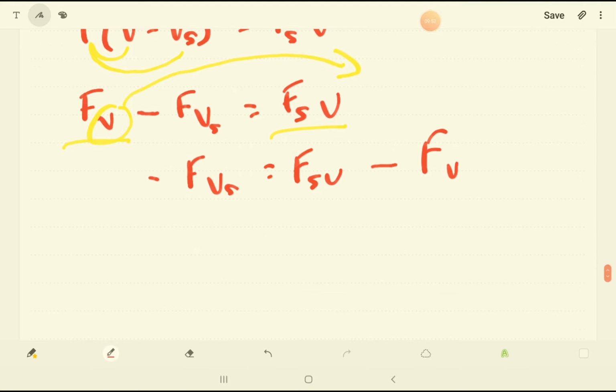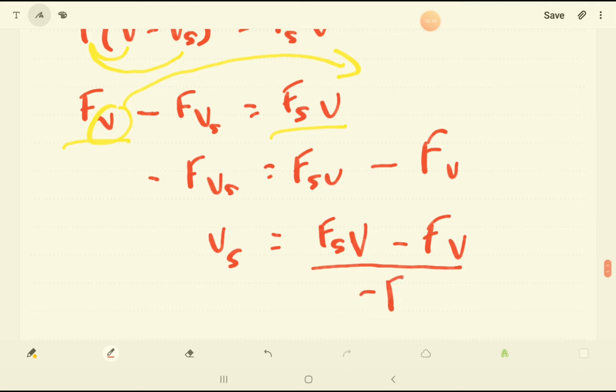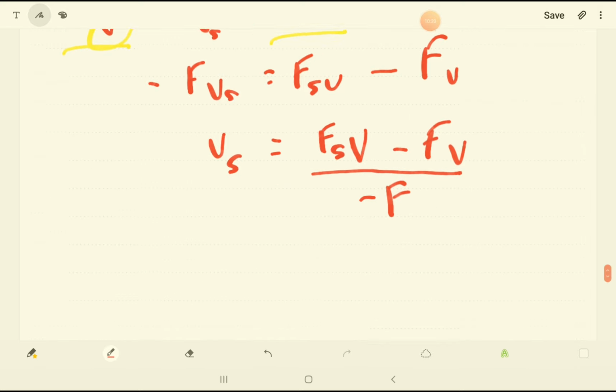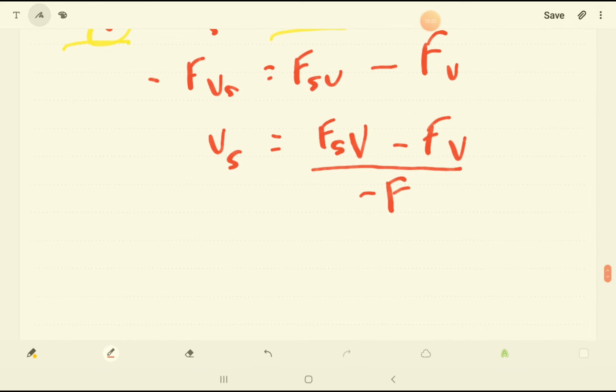And then finally, to get the speed of the object, we're going to divide both sides by negative F, and that leaves me with this. And that's the speed of the source.